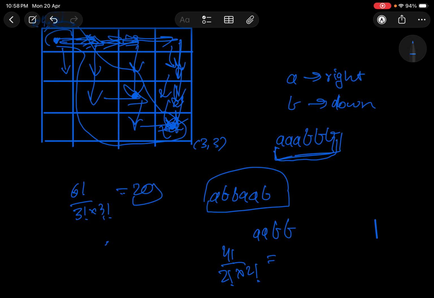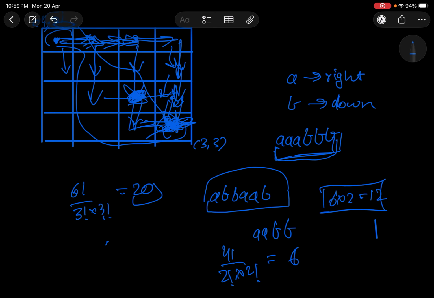That is equal to 4 into 3 divided by 2, that is 6. So there are 6 total ways of reaching the 2 comma 2 square. From here the ant can go right and then down, or down and then right to reach the 3 comma 3 square. So there are exactly 2 more ways after reaching the 2 comma 2 square to reach the 3 comma 3 square. So 6 into 2 equals 12.